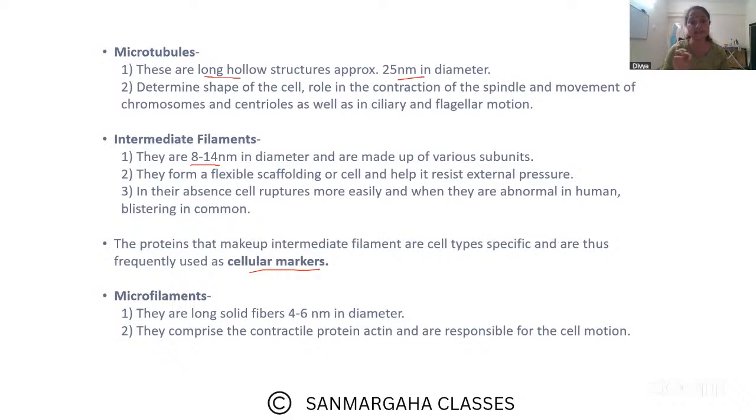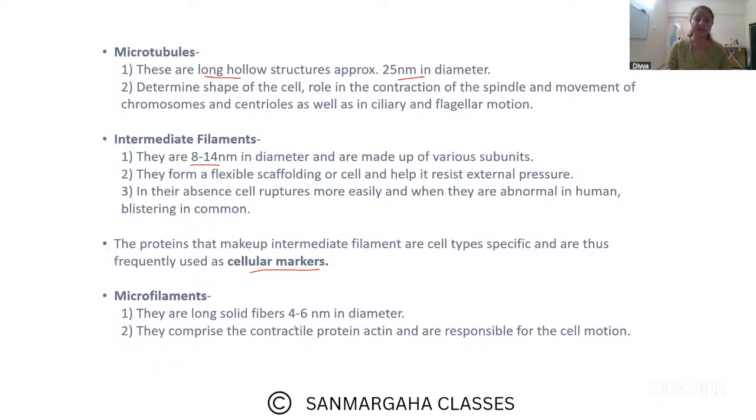Not all cells have a similar pattern of intermediate filament, because the proteins that make up the filament differ. Hence it can act as a cellular marker, and by looking at the intermediate filament you can tell what type of cell it is.